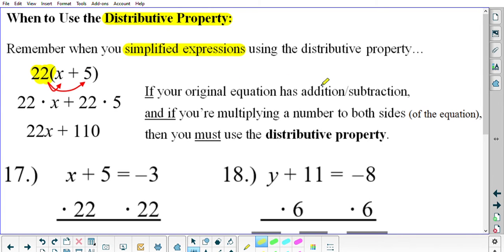And so what we learned is that you could take that multiplier and multiply it times both the x but also the 5. That's what you do when you have something being multiplied to an addition or subtraction problem, like we have here, addition in between. So 22 times x and then 22 times 5 would give us 22x plus 110. Now, why am I reviewing this with you?